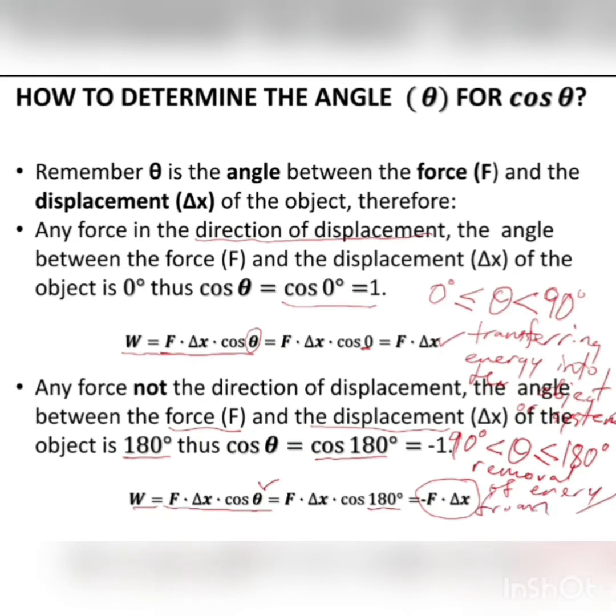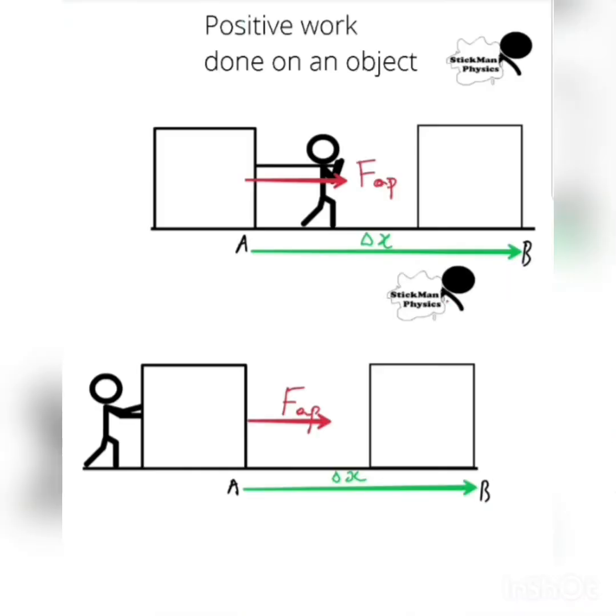Okay, let's look into positive work done on an object in which the applied force is in the same direction as that of the displacement. So here we have two cases. The first case has to do with a person pulling an object in the same direction of the displacement.